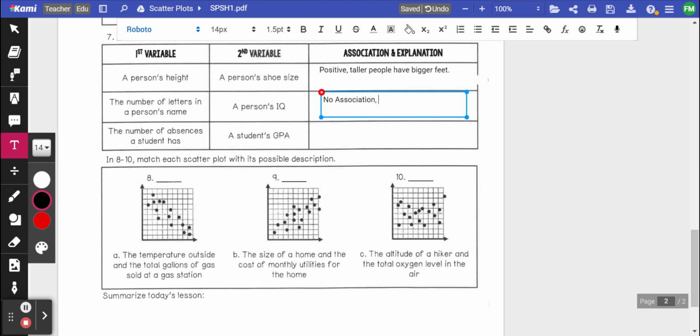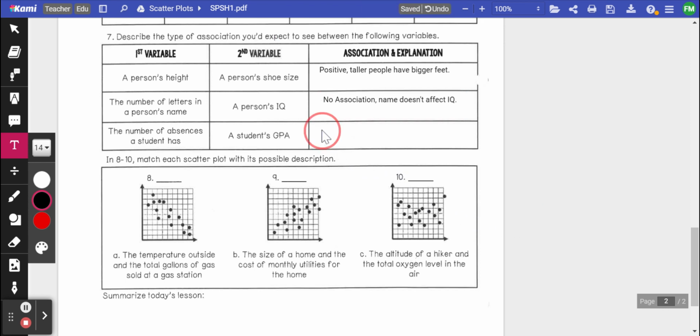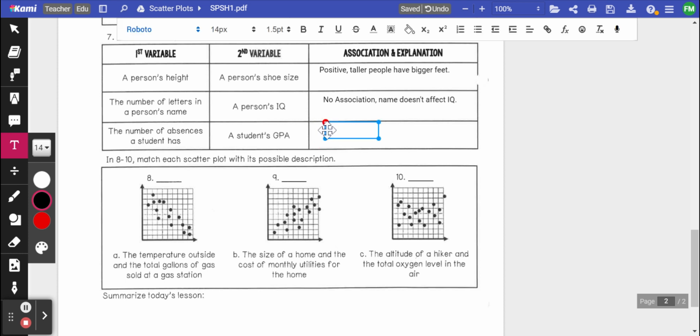So, no association because a name doesn't affect IQ. I mean, just plain and simple. All right, last one. Now this one, you're going to look at it.